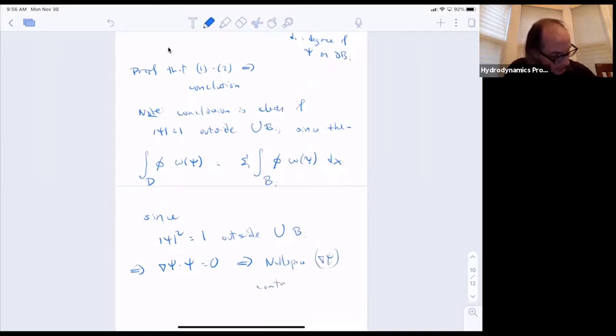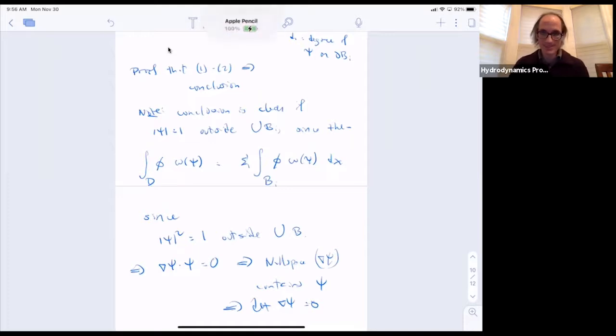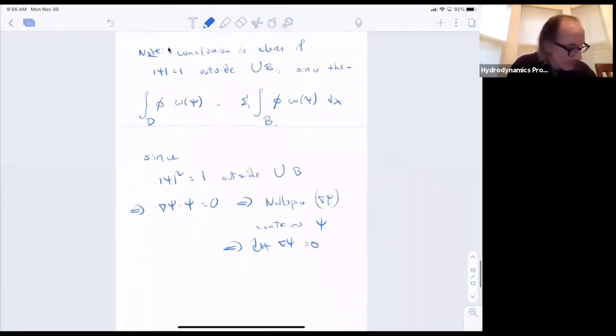So in open sets where the modulus is 1, the vorticity is 0, because the vorticity is a Jacobian determinant. So that's true.